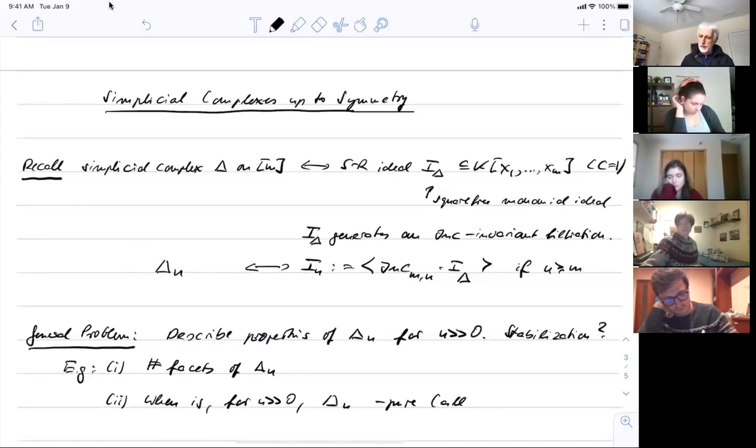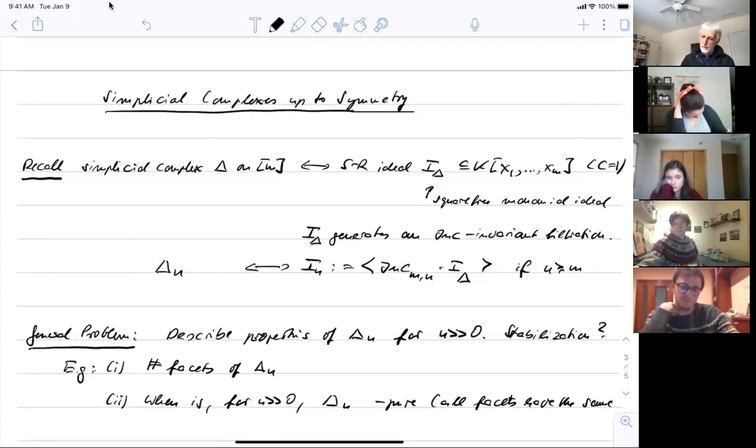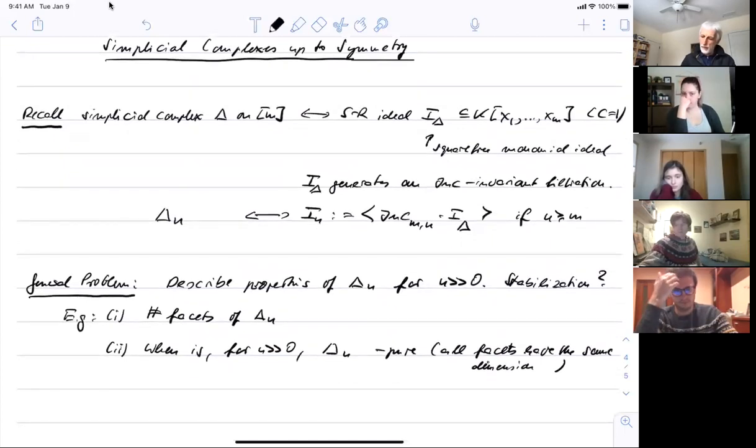All facets have the same dimension. Or Martina introduced combinatorialness. So can we guarantee that for some n, all these will be combinatorial?